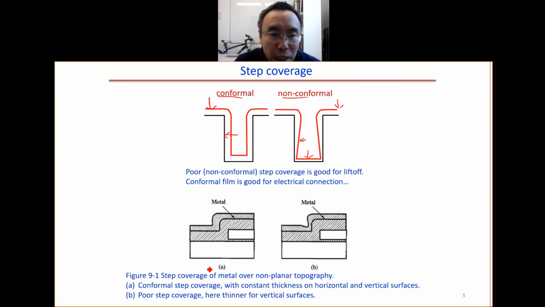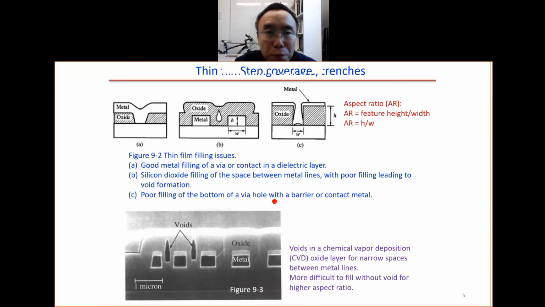This will affect the step coverage of the metal. For example, this one is conformal, with good coverage. This one is not conformal, so we have poor step coverage. Here again, this one is metal deposition on oxide with very good coverage. This one we have a void, so poor coverage, oxide on top of the metal.